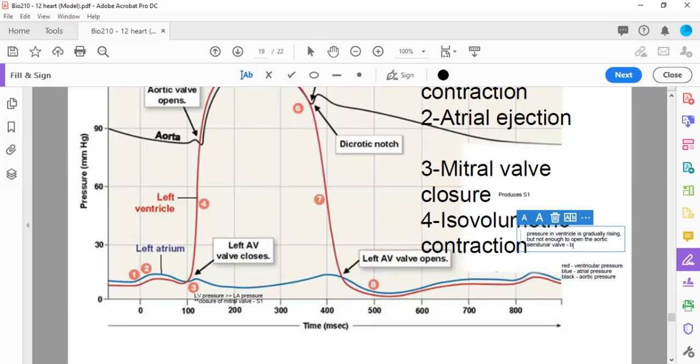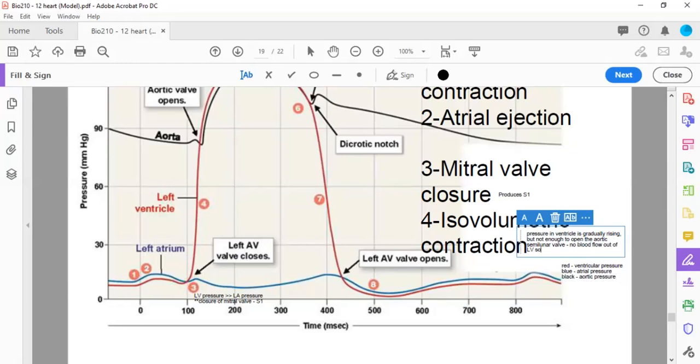Thus, there's no blood flow out of the left ventricle, and therefore the volume remains the same.